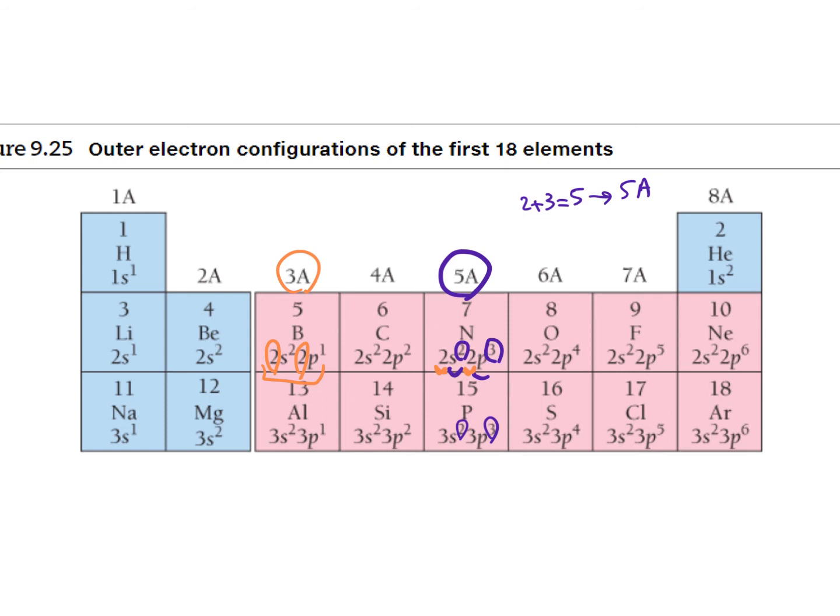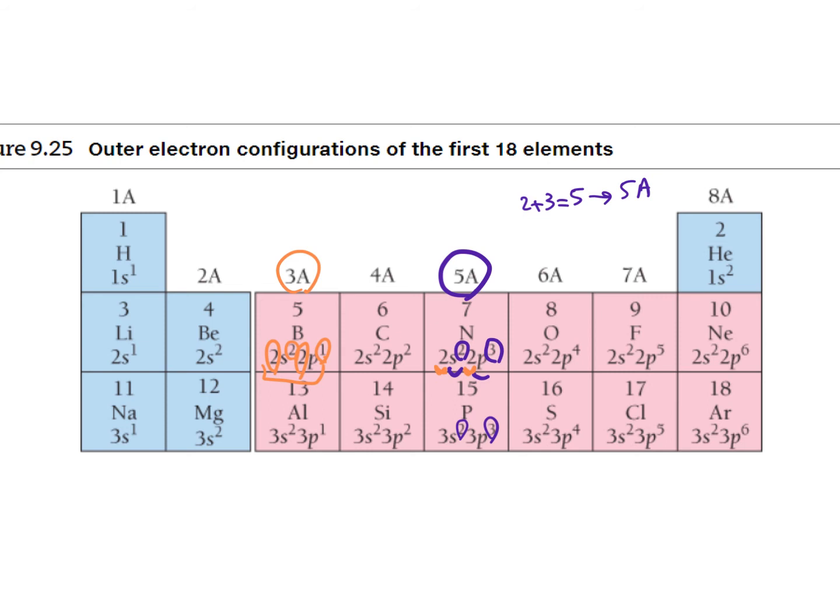We start with 2s, and it can have a maximum of 2 electrons with opposing spin, so 1 electron is left. So you have 2s2, 2p1. Just by knowing that, you can most probably answer the question in the exam.